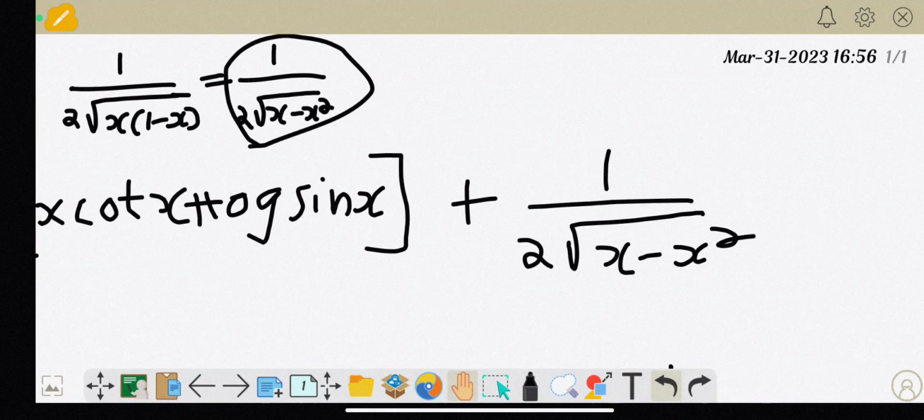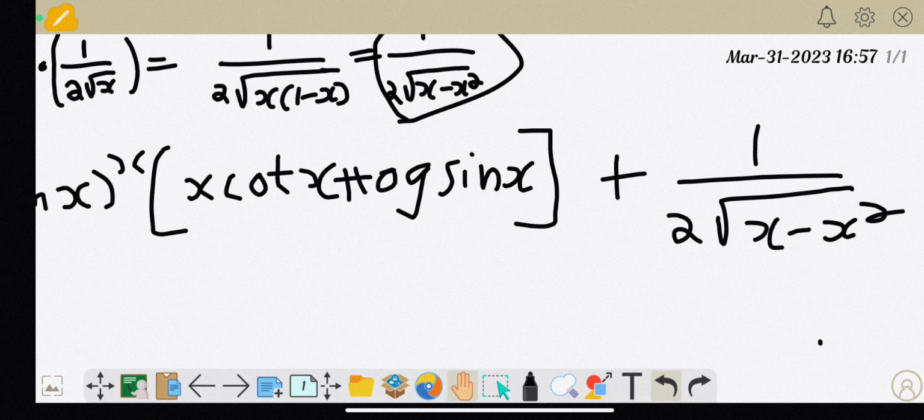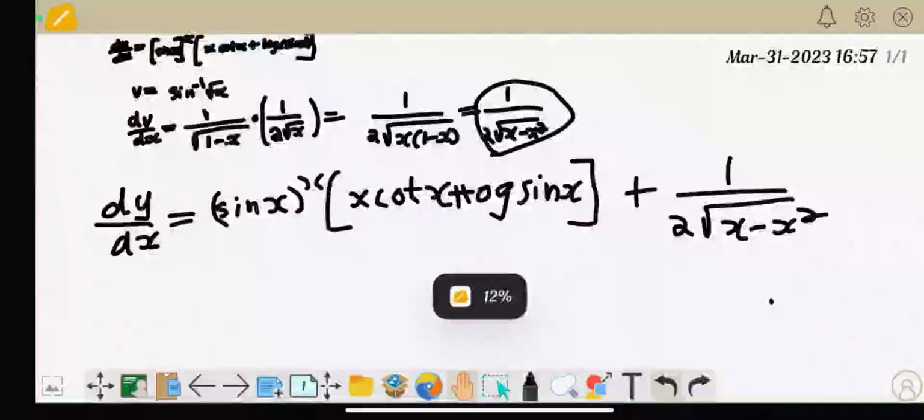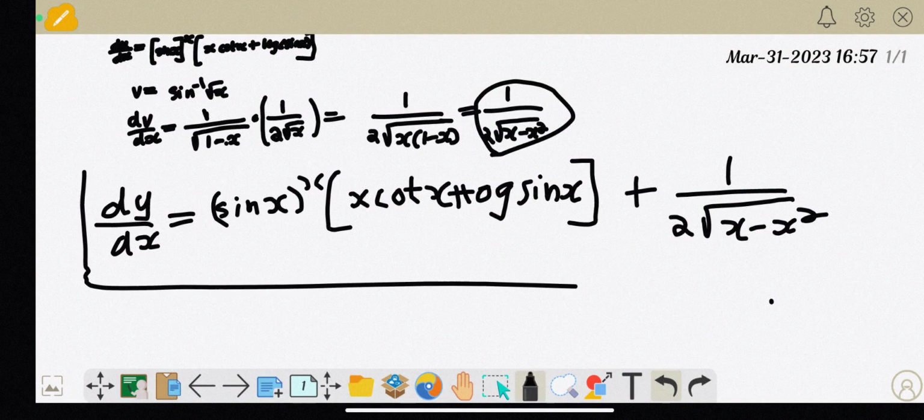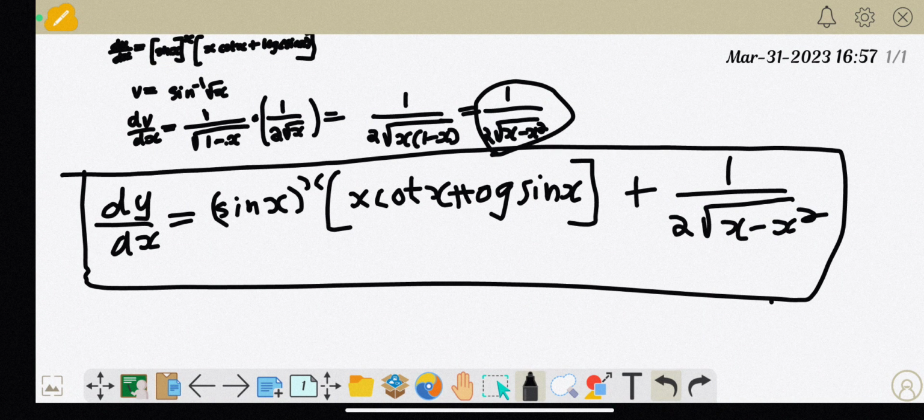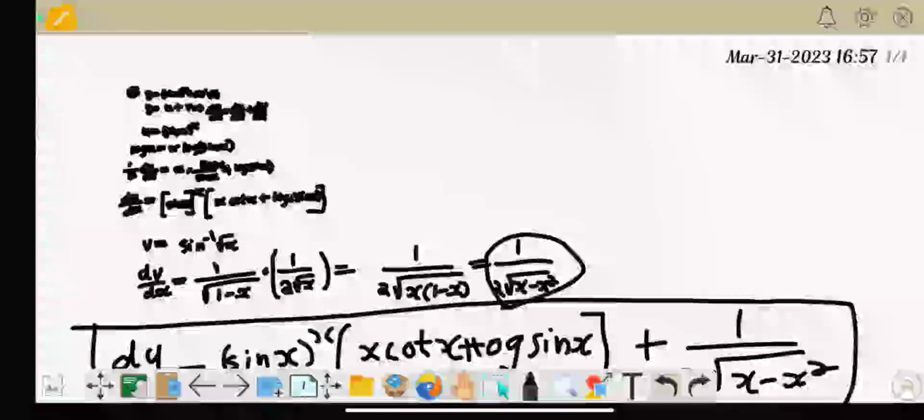Let me check the answer. Yes, it's correct. So this is how you solve. This is not that difficult. You understood this, right?